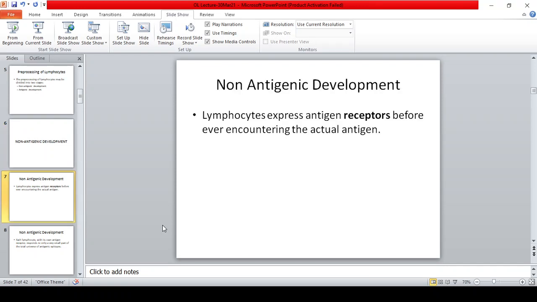So what they do is that firstly, the lymphocytes express antigen receptors before ever encountering the actual antigen. So they first develop the antigen receptors, which are proteins in the membranes, and this occurs before they encounter the actual antigen.